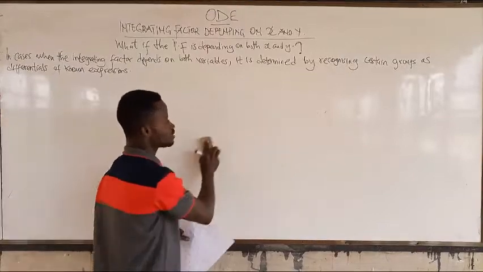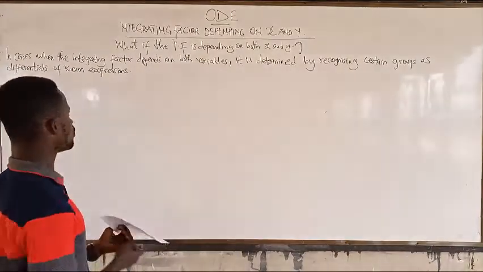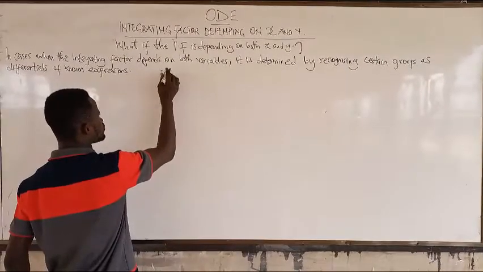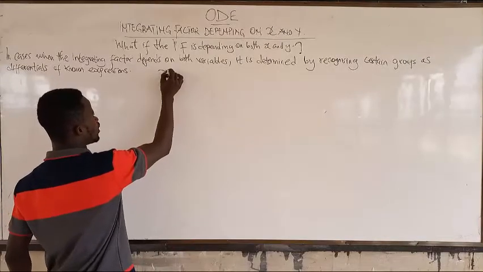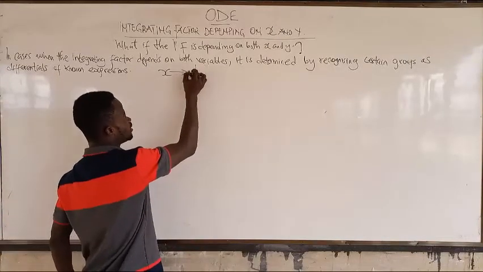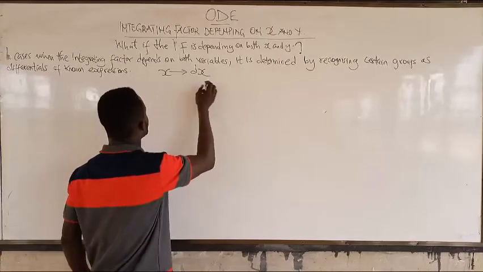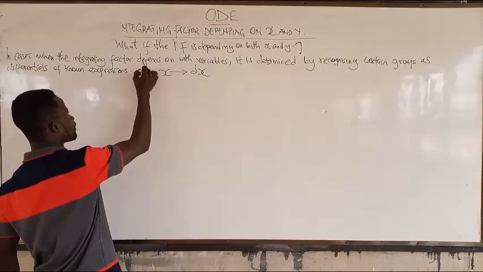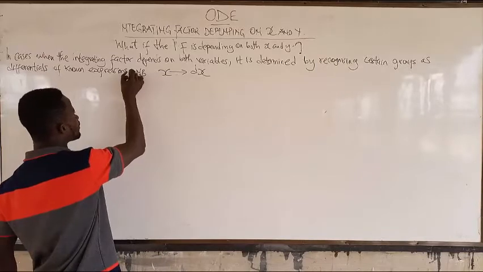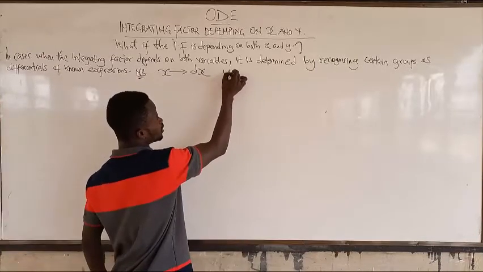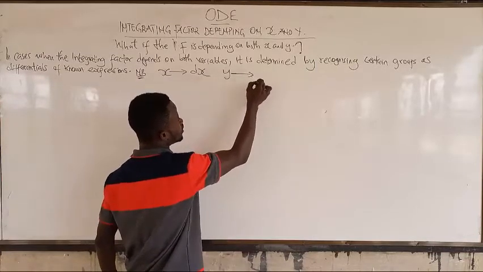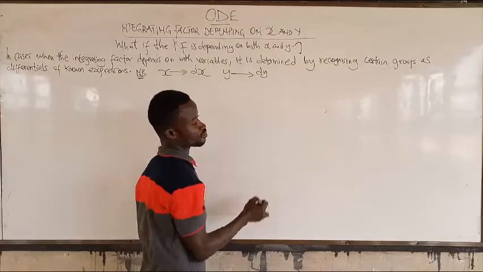So, since that is all, let me write it so that you're not confused. To differentiate x is dx, and to differentiate y is dy.